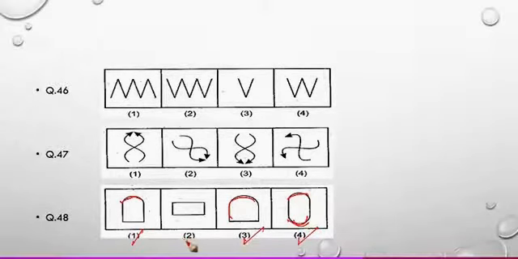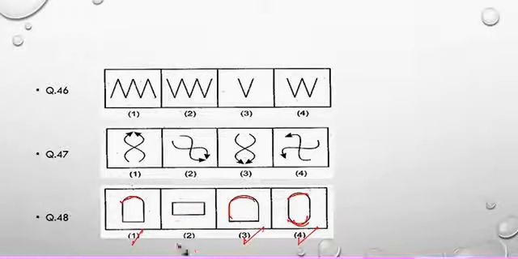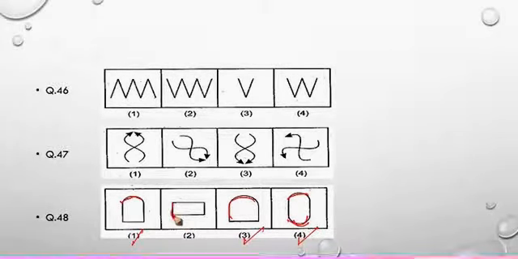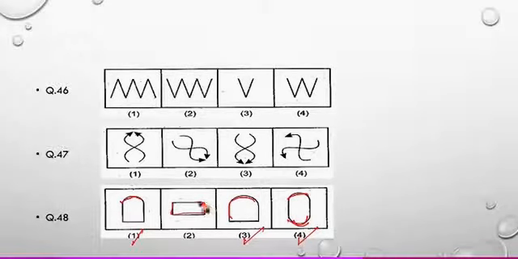But in case of problem figure 2, none of the sides is curved. It is a rectangle, and in a rectangle there are no curved lines. So the answer to question number 48 is 2.